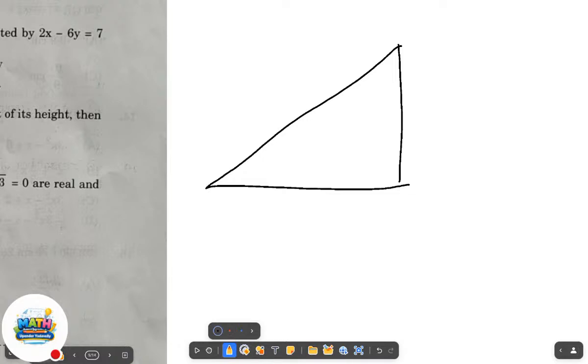This is the tower of height h, right angle at B. BC is the shadow of the tower, which is root 3 times the height. Now this angle we have to find, the angle of elevation of the sun's rays.